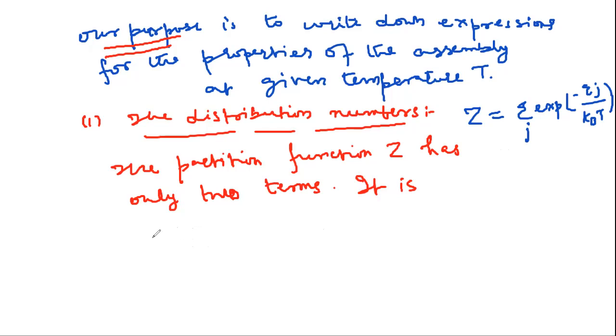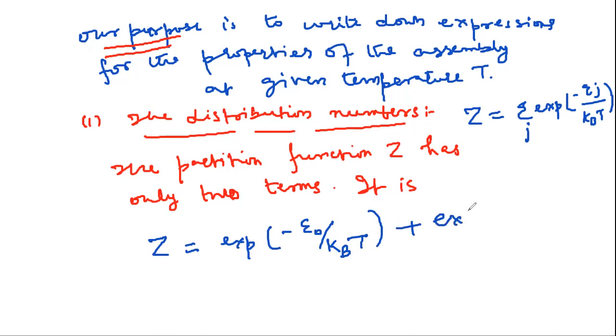So I can write the partition function for this system as Z equal to exponential of minus epsilon naught by kBT plus exponential of minus epsilon 1 by kBT.